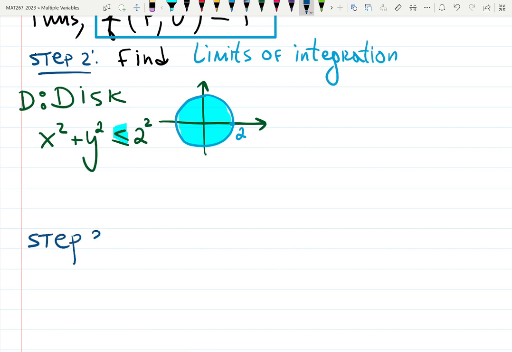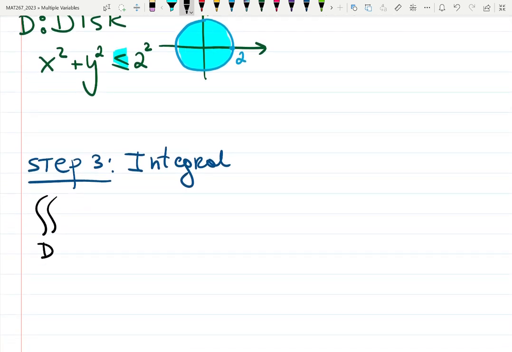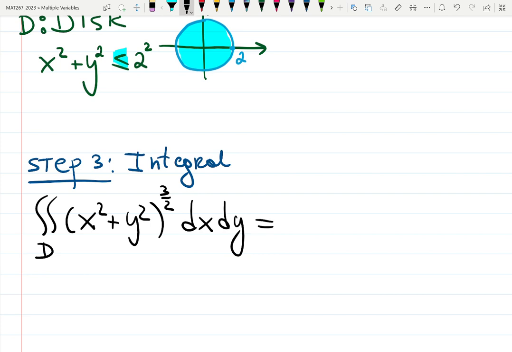I think this way it's easier to understand. Step 3, build the integral. We have a formula, integral over D of f, which was given as x squared plus y squared to the 3/2, dx dy, equals the double integral. The formula says f, but now r and theta should go inside, no x and no y.